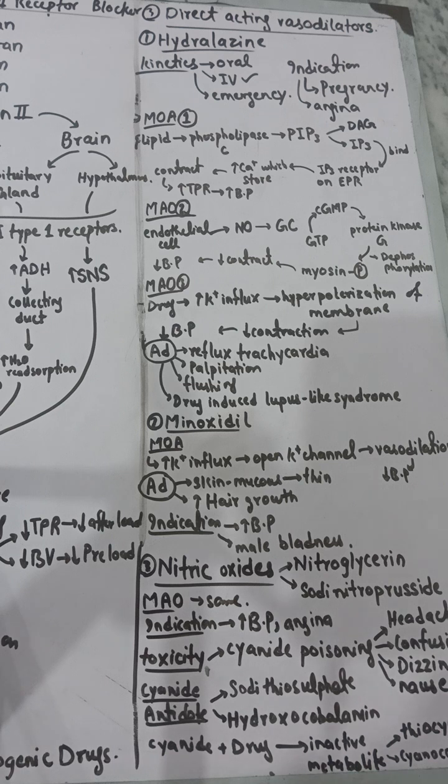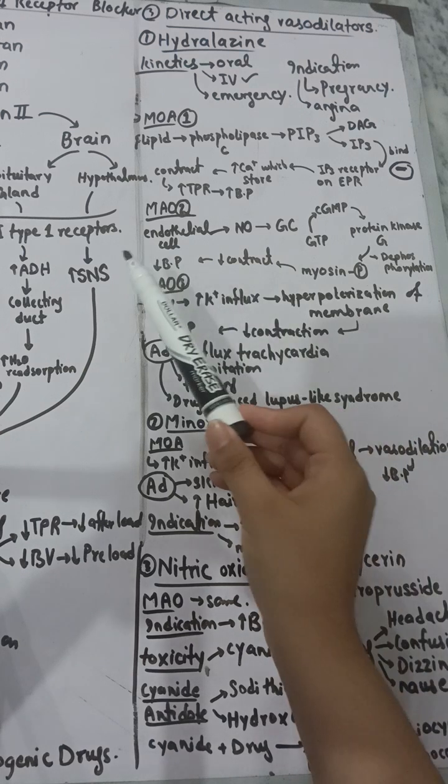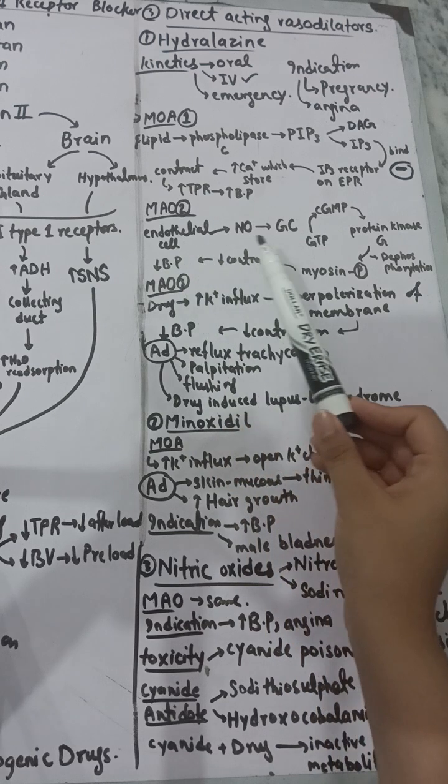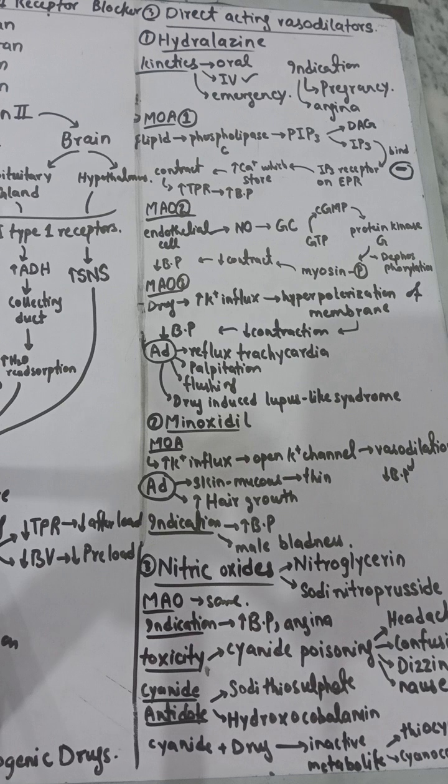So what hydralazine is going to do is not allow the binding of IP3 on its receptor, so it is inhibiting this step. By inhibiting that, vasoconstriction cannot happen and the blood pressure cannot increase. The second mechanism of action is that when the drug is given, it stimulates the endothelial cells to release nitric oxide.